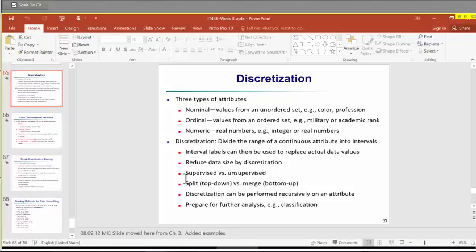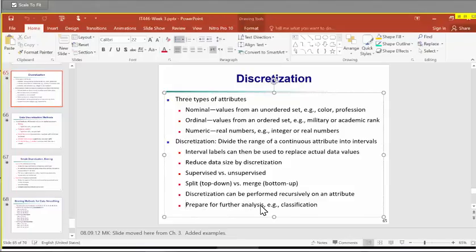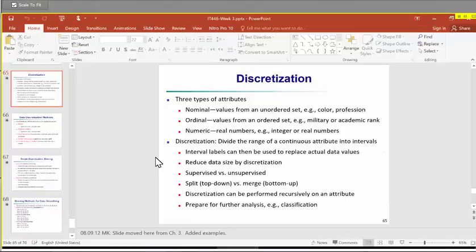And discretization can also be performed recursively on any attribute. We can use this technique of discretization to prepare our data for any further analysis in the data mining task, for example, for classification.